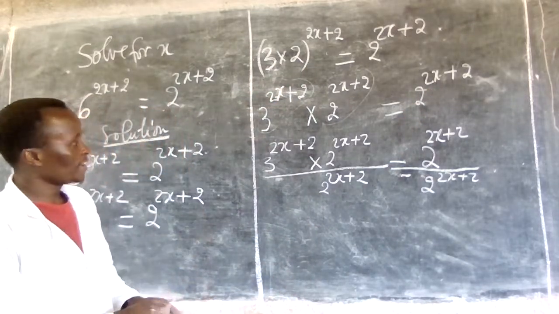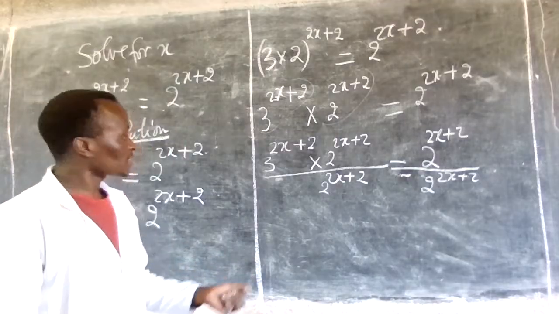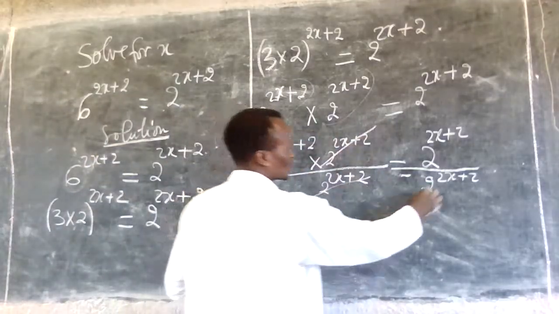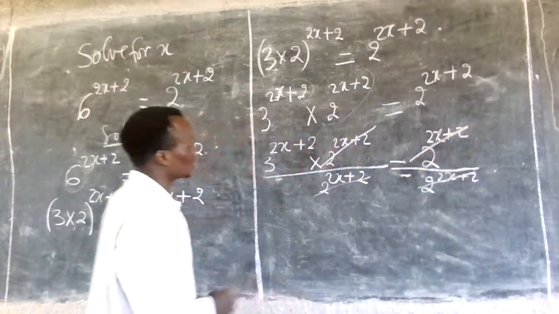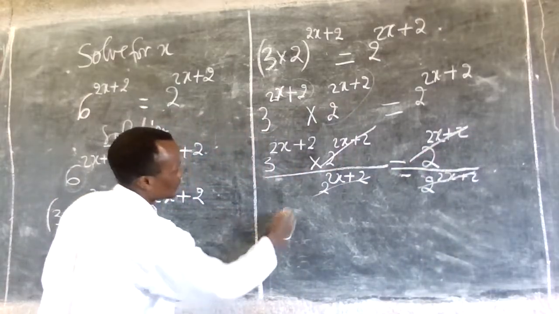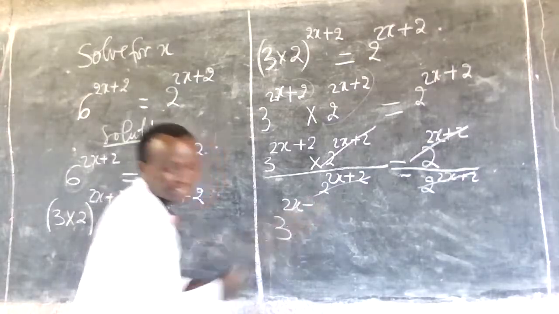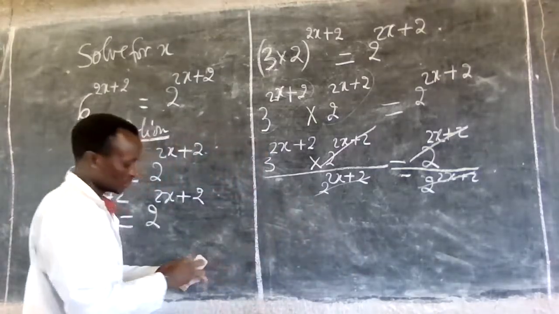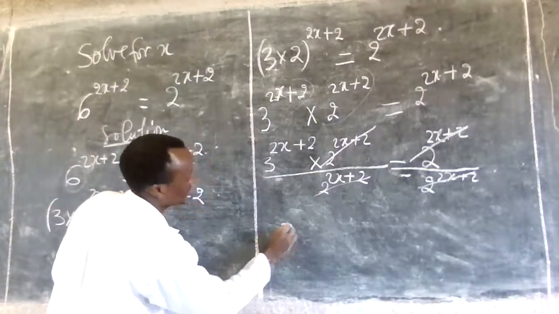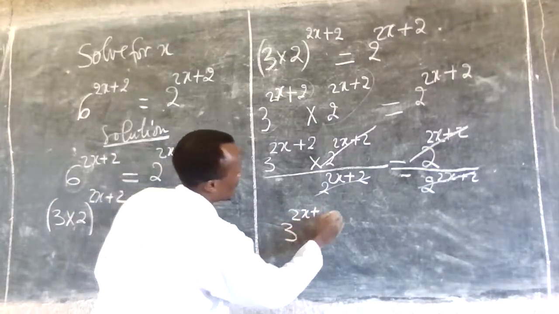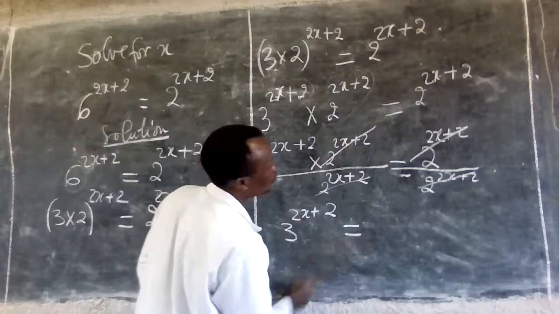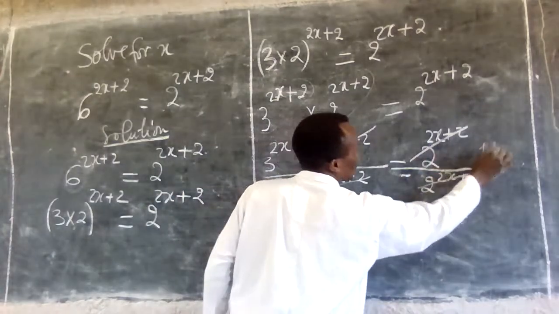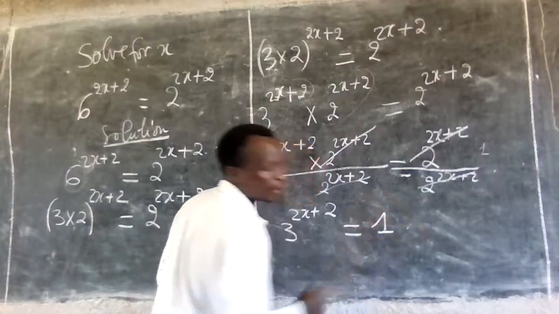Now what should we remain? We are going to cancel similar factors. This factor will be cancelled with this one. This also will be cancelled with this one. We remain with 3 power 2x plus 2 is equal to, here we have remained with 1, is equal to number 1.